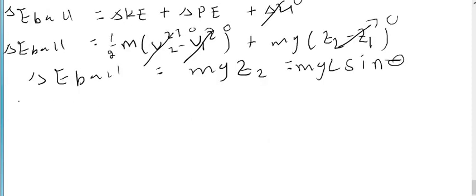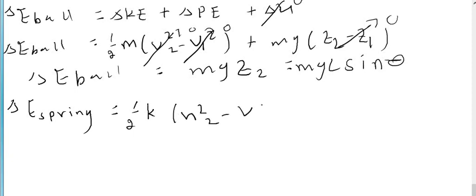Then we go and find the change in energy of the spring. So dE of spring is equal to the energy due to the spring, which is a half K (x2 square minus x1 square). x2 is 0, therefore this is equal to minus a half K x1 square.